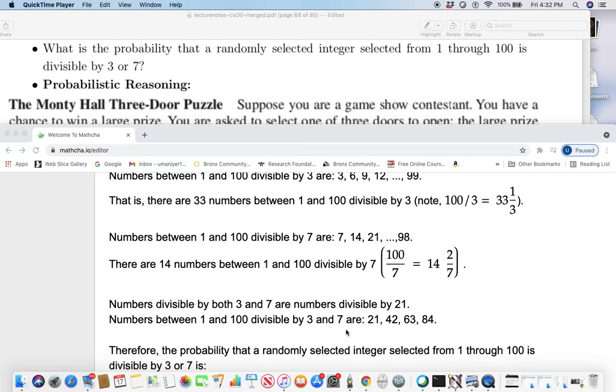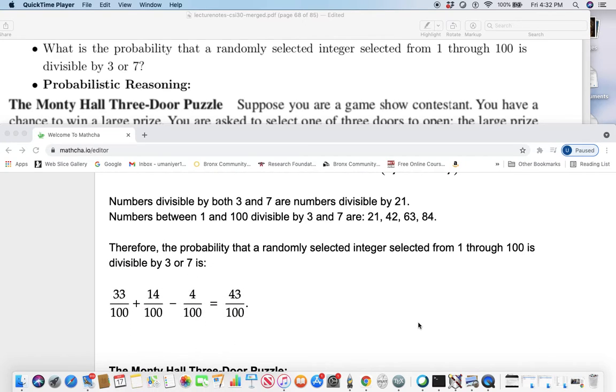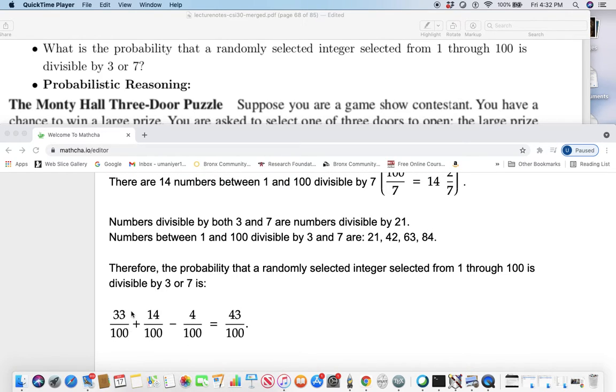So that's your intersection. So the probability that a randomly selected integer from 1 to 100 is divisible by 3 or 7: for 3, the probability is 33 out of 100. For 7, the probability is 14 out of 100. And the intersection is 4 out of 100.